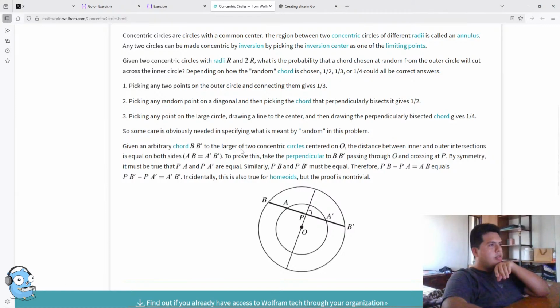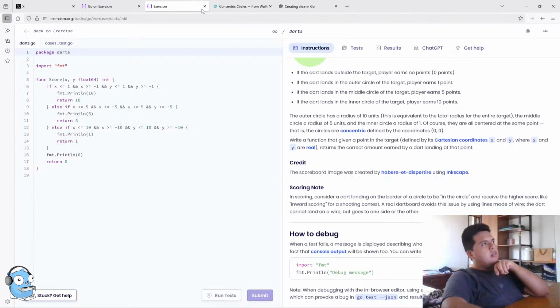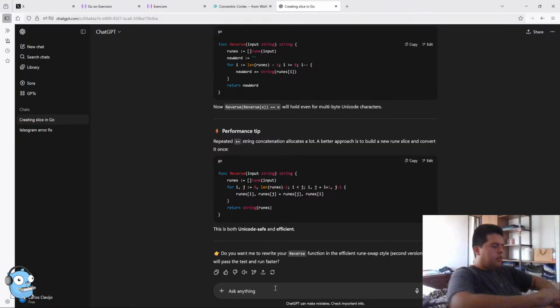Given a chord of a radius of 10. Then how can I know this landing in coordinates lands inside the circle?